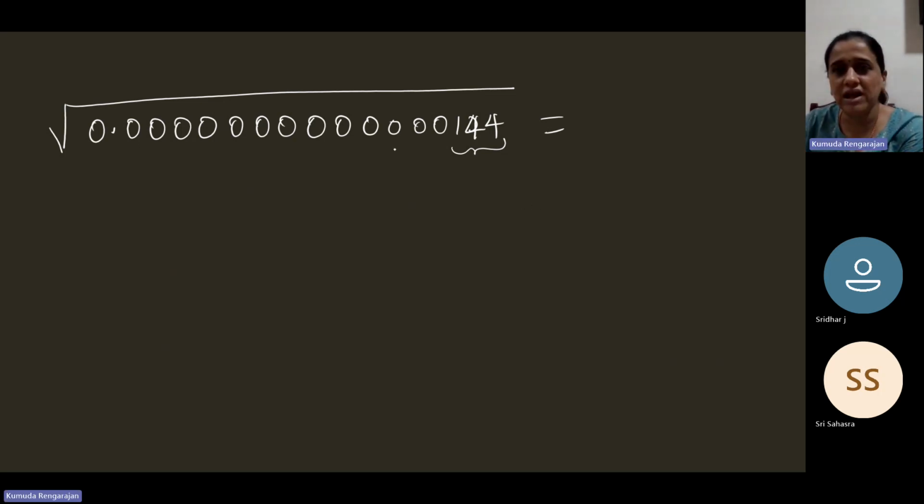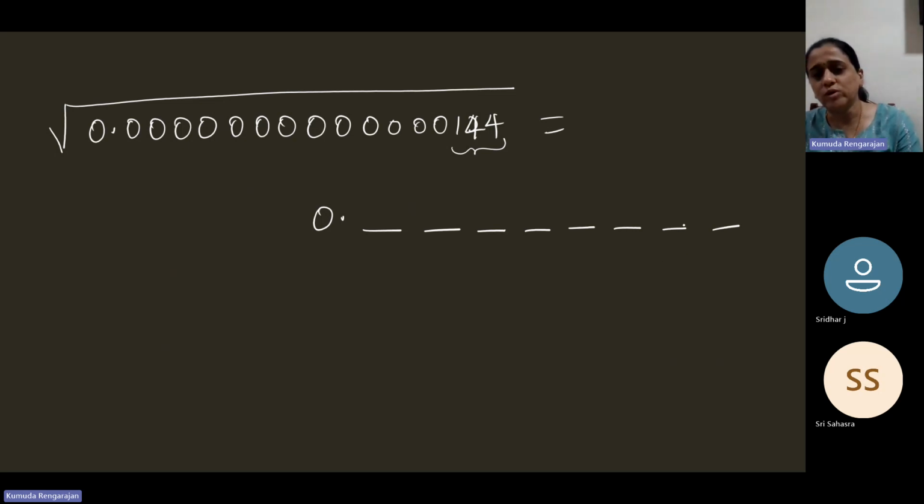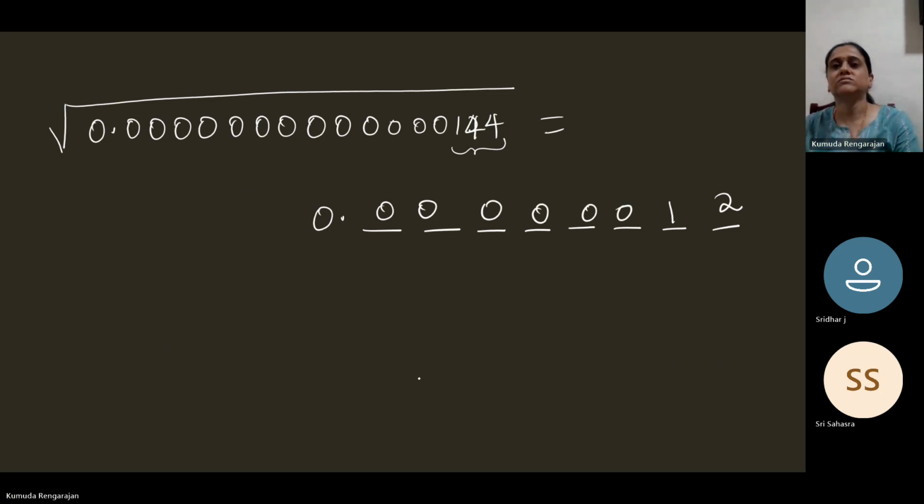How many digits are there after the decimal point? 16. If the number has 16 decimal places, its square root will have half the number of decimal places. So 8. So it will be 0. and 8 places. But what's the square root of 144? 12. The remaining places should be filled with zeros.